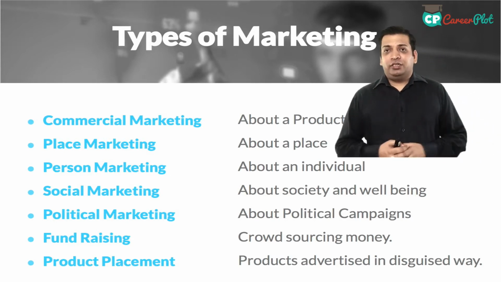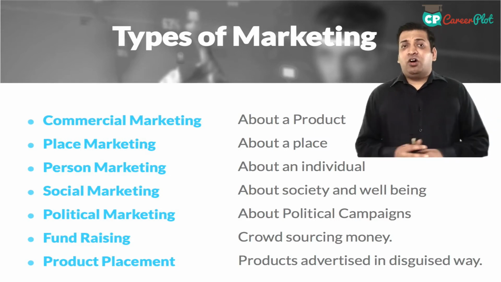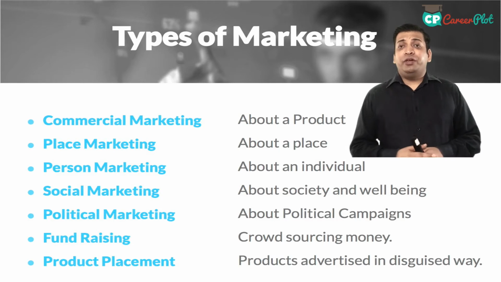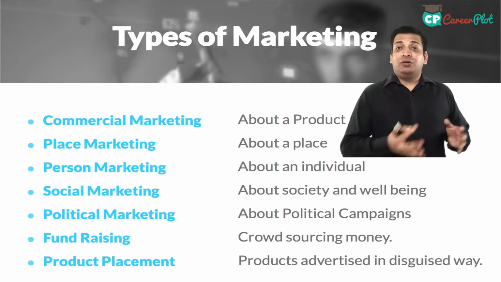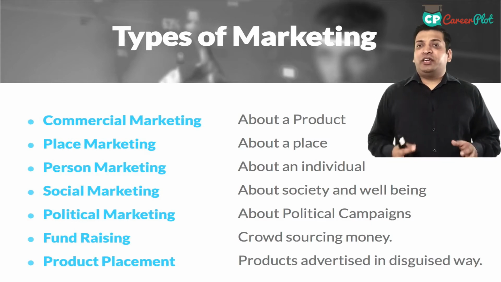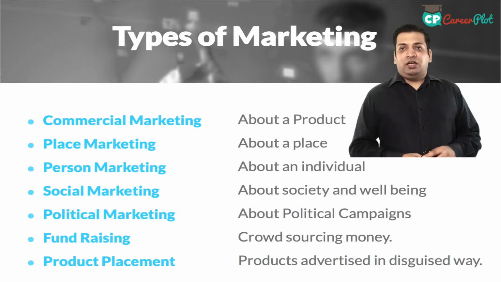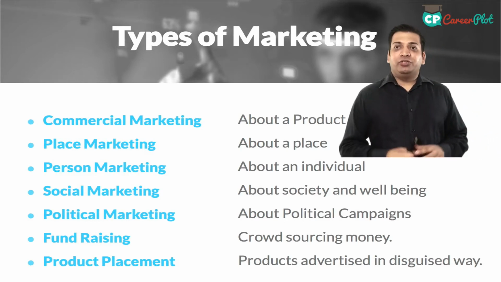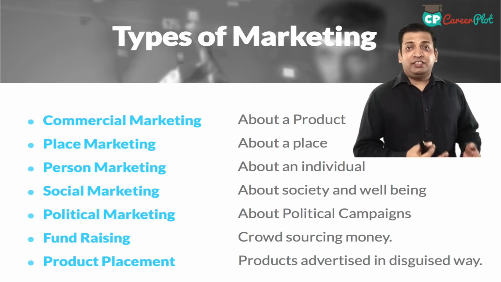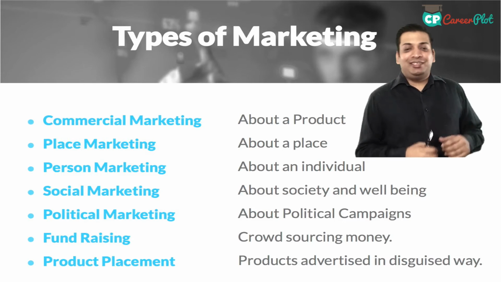We also talked about Greenpeace and Earth Hour. All these campaigns have been run to appeal to the social conscience of a person, and that's why they are all about social marketing. A lot of social marketing is done in the case of water, natural resources and women's safety. You'll hear all those campaigns, and typically they are done using social marketing techniques, appealing to the customer's conscience.